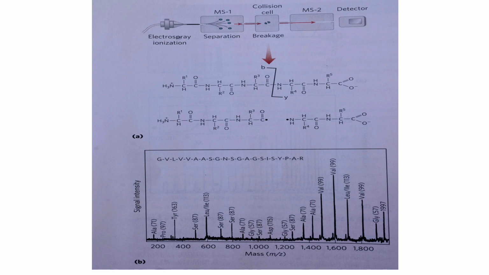So this is an example of that particular technology, where you get electrospray ionization, the separation with collision cells, and then the second phase here, so you get separation and breakage, which are all detected, and then you get, for example, an amino acid sequence here with a breakage of this peptide right at this point with these ionized fragments, and those would go into the unit, and you would get the fingerprint right here, which would be characteristic of this amino acid sequence here.